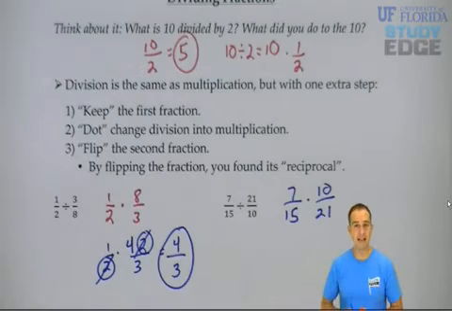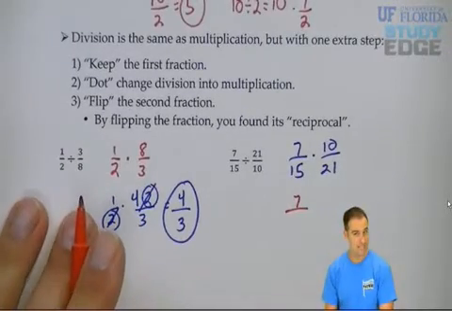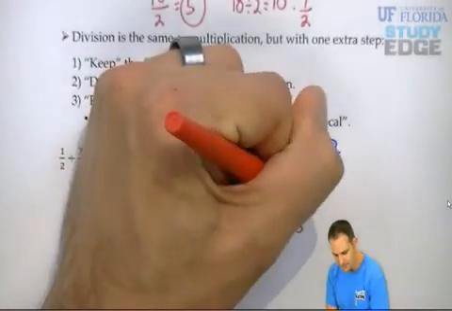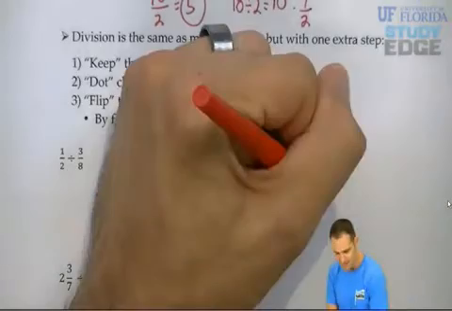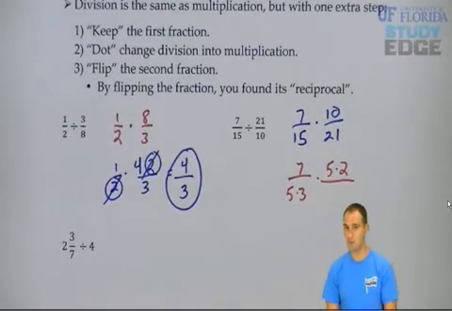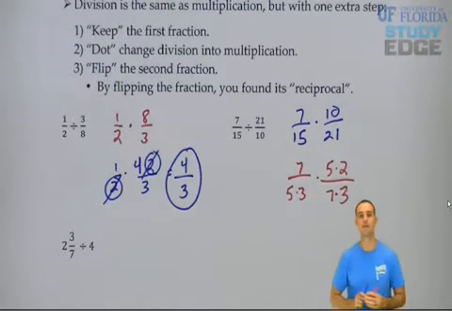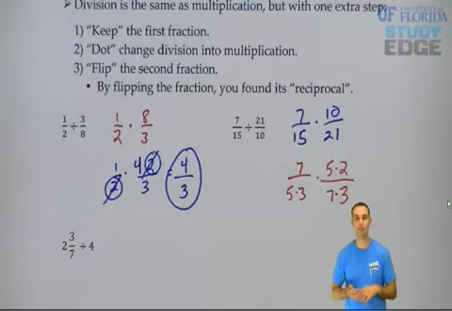We need to find common factors, if there are any, on the numerator and the denominator. 7 I cannot simplify. 15 is 5 times 3, just like 10 is 5 times 2. And 21 is 7 times 3. So take a second, write that all down, so you have all the factors.